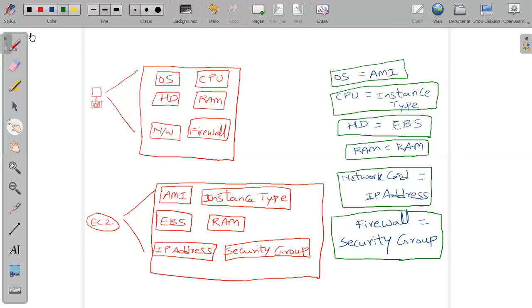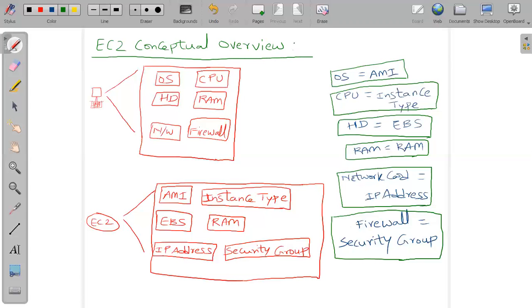So let me put this as EC2 conceptual overview. Is it clear?